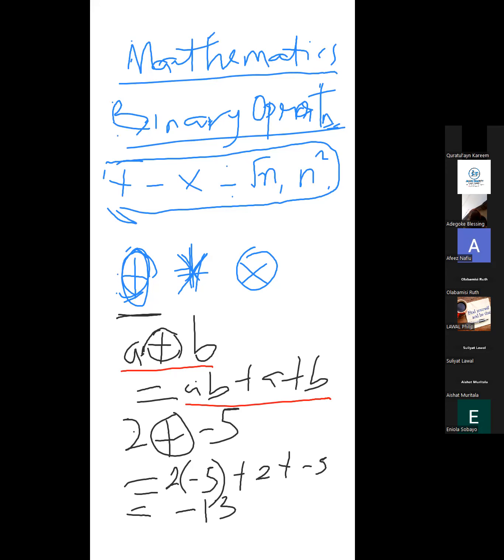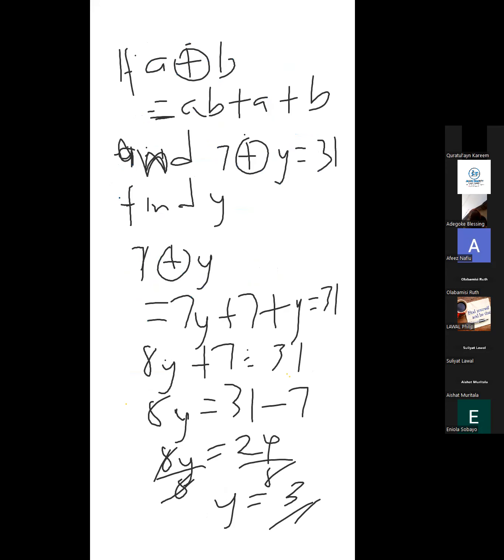Okay. Now look at this next one. Here, I operate with 7 and 3 because I was able to get my answer as 3. So I'm now restricting myself to the set of positive whole numbers, that is natural numbers. If I pick any 2 natural numbers and I'm able to operate them and get another natural number, then I will say it is closed.